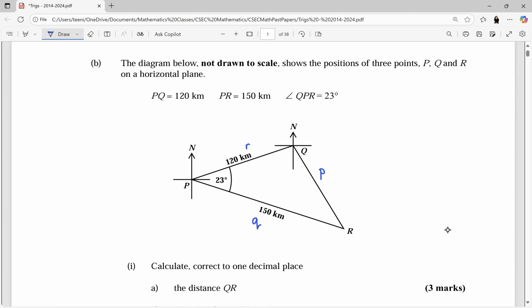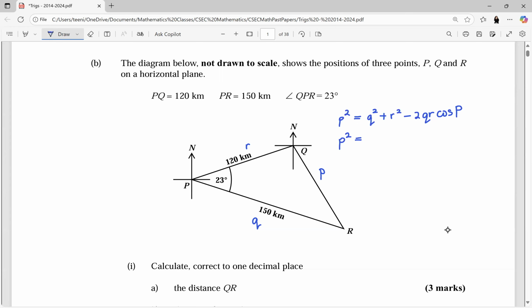So let's write the cosine rule. P squared is equal to the sum of the squares of the other two sides, Q squared plus R squared, minus 2 by QR by cos of the angle opposite the side that we want to find, which is cos of angle P. And now we substitute our values in there.